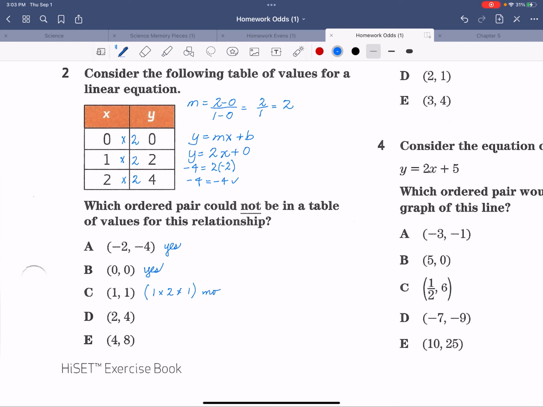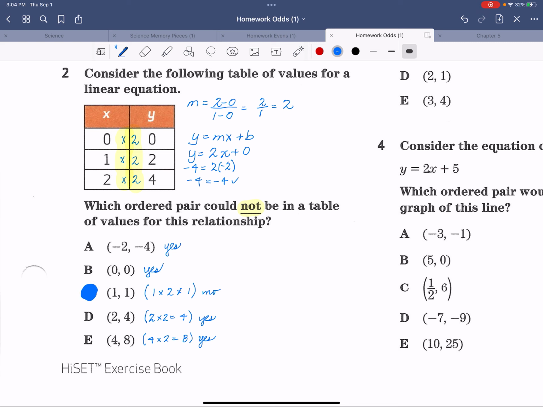So no, this one's not on the table. 2 times 2 is 4. Yes, that's true. So yes, that's a point. And then 4 times 2 is 8. That is also a point. So this method would have worked just fine. We're looking for the one that is not on the table. So I think that C is the one that's not on the table.